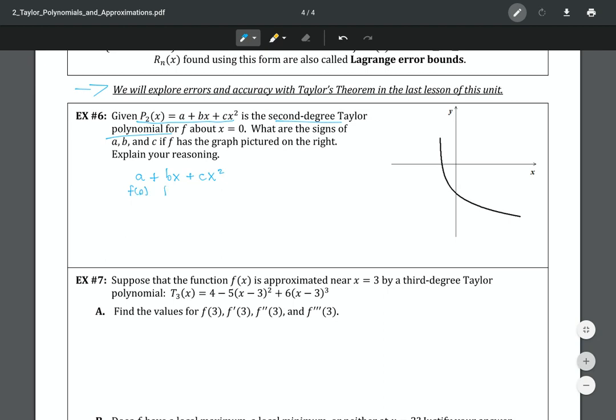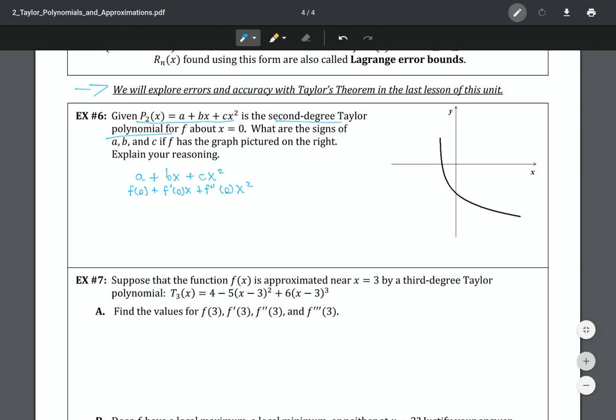This came from f prime of 0. This is basically what we have here. And then this came from f double prime of 0. Oh, well, I guess that's not Maclaurin then. All right, so that's sort of what's going on, right?